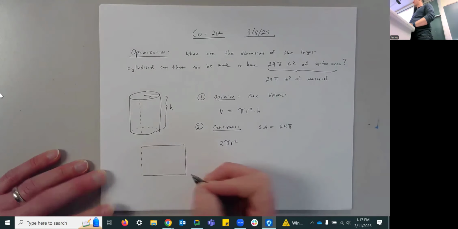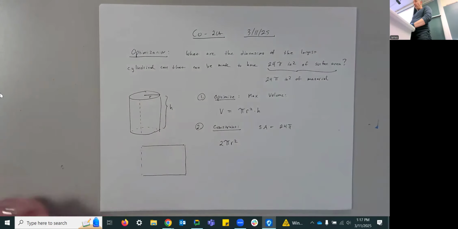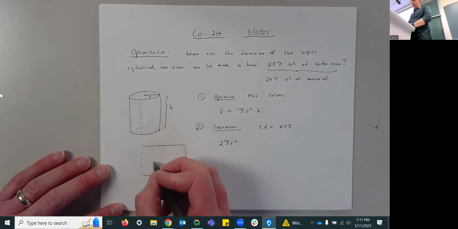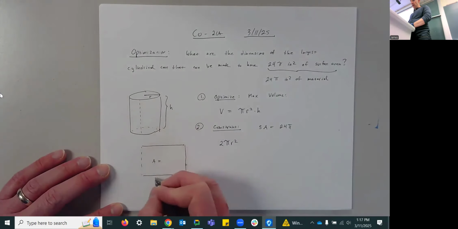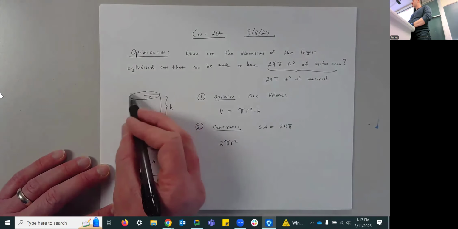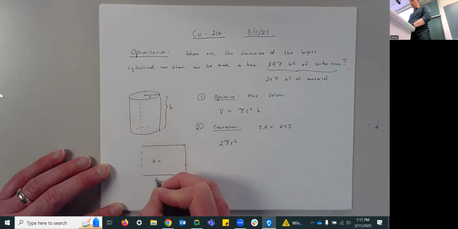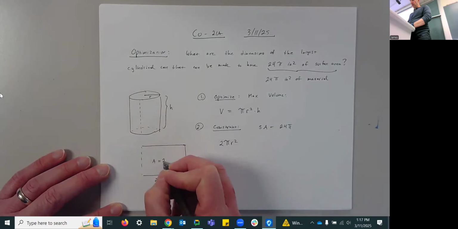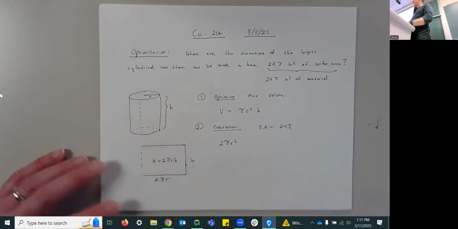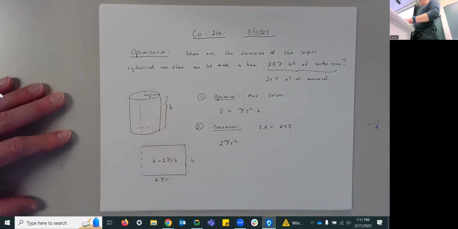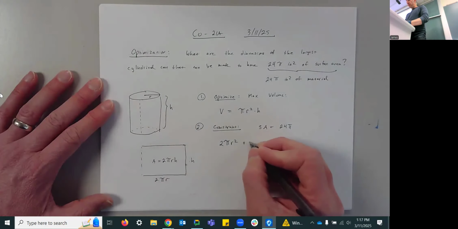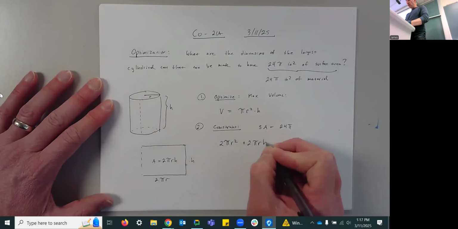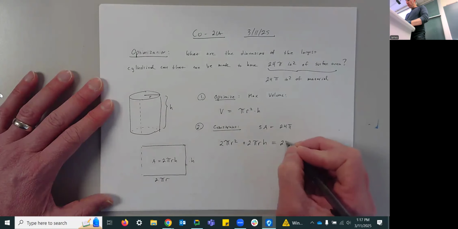You could say square or rectangular. So the area of this around part is the base, which is the circumference of the circle, 2 pi r, times the height. So the area of the around part of the cylinder is 2 pi r h. And that's going to equal 24 pi.